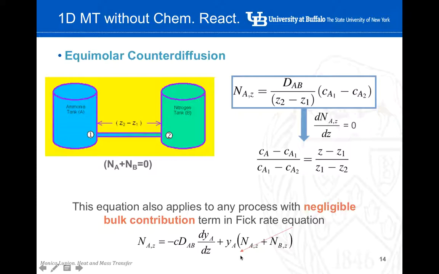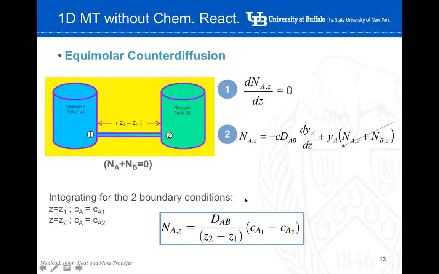So this case is very important because it doesn't only apply to equimolar counterdiffusion when we have 1 molar of A per 1 molar of B. But in general, if there is a process, for instance, dilute systems, where the bulk contribution is very small compared to the diffusivity, then we can always apply this general equation for equimolar counterdiffusion.